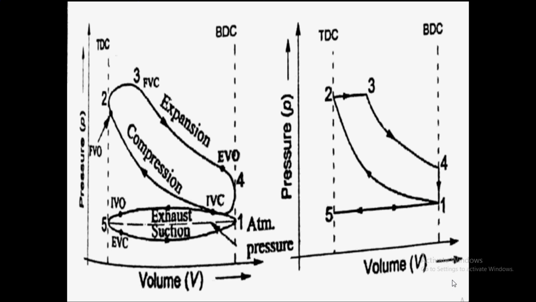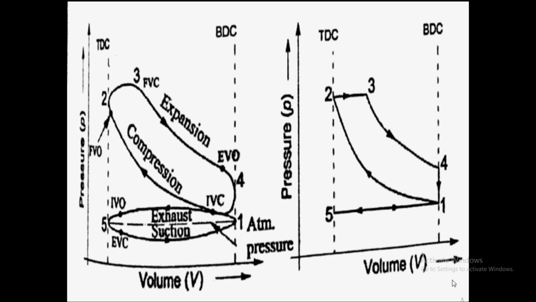The air is adiabatically compressed in the cylinder during process 1 to 2, which takes place after the inlet valve closes, that is IVC. Shortly before the end of the compression stroke, the fuel valve opens and fuel is injected into the cylinder. The fuel is ignited due to the temperature of the highly compressed air inside the cylinder.